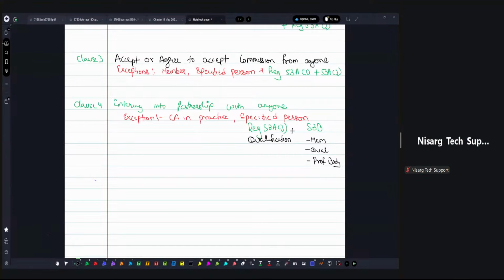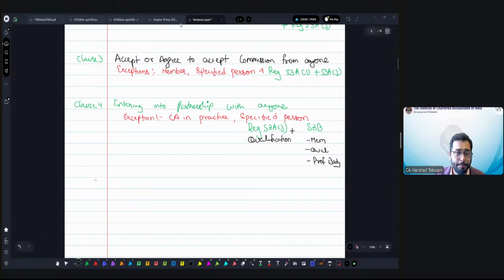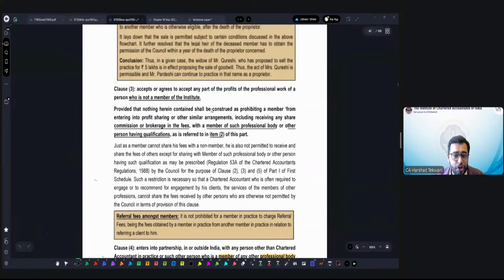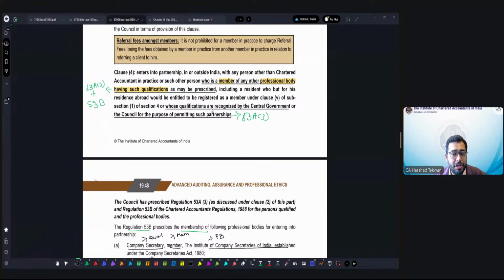Any doubt? Sir, I have a small doubt here. In regulation 53B, MBA and Bachelor of Technology are not there. Whether they are allowed in the partnership? Yes, you are allowed to enter into a partnership with them because it says two things. Either the person should have such qualifications which are recognized by the central government or council for permitting such partnership, or the person should be a member of any other professional body having such qualifications.